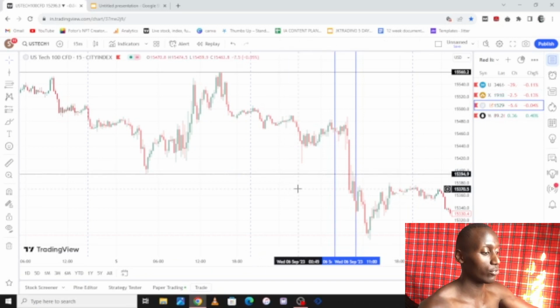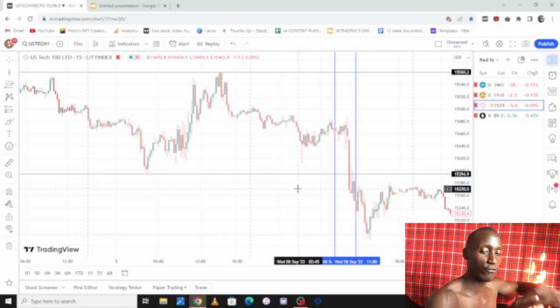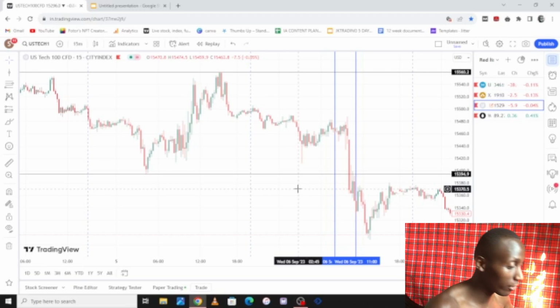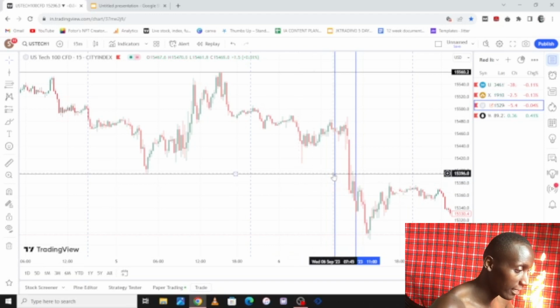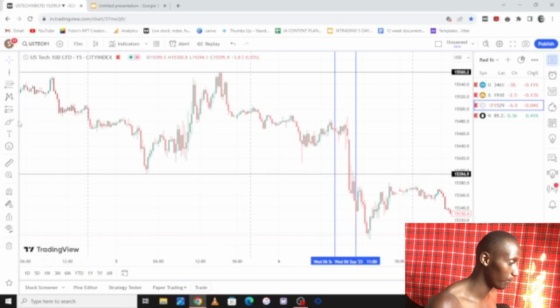And then once we are done with that, we forget about all that price action and focus on the current price action. So we are looking for a breakout between this time from 8 to 11, and we do have a breakout at 10. Now I'm interested in a very simple thing.